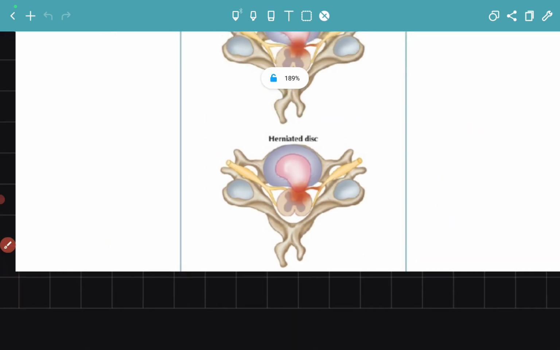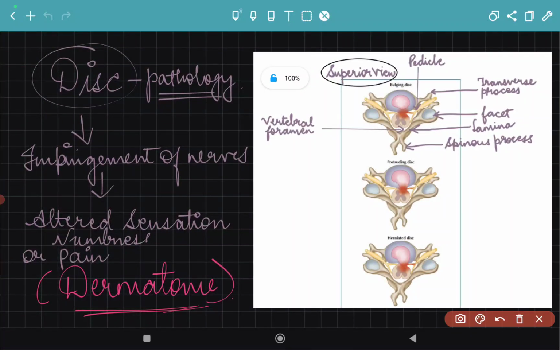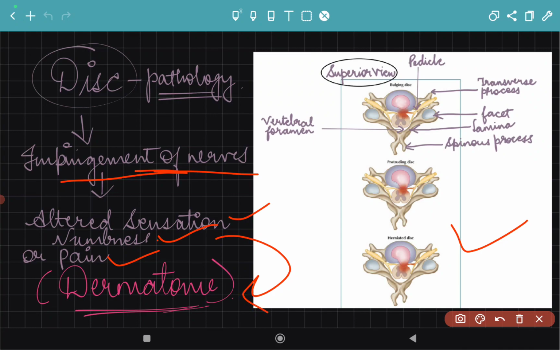So in those conditions, with those disc pathologies, that is bulging disc, protruding disc or herniated disc, there may be impingement of nerves, which may cause altered sensation in that particular part where this nerve root is going and innervating, or numbness or pain. For understanding this, we need to know about dermatome, which we will be discussing in the upcoming series.